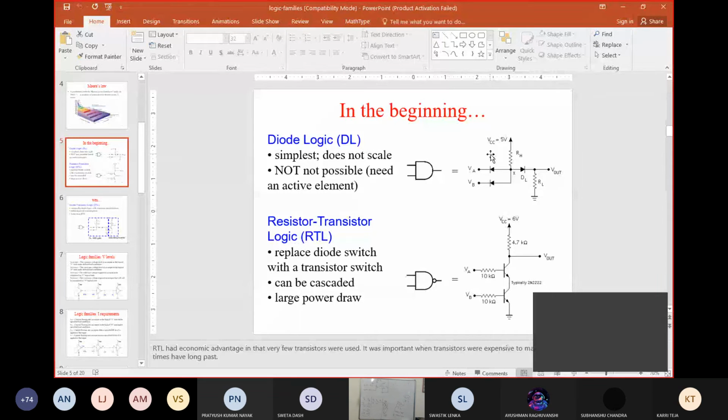For you, I'll give one small assignment. AND, OR, NOT, NAND, NOR. All these, use diode logic and give me the circuit.